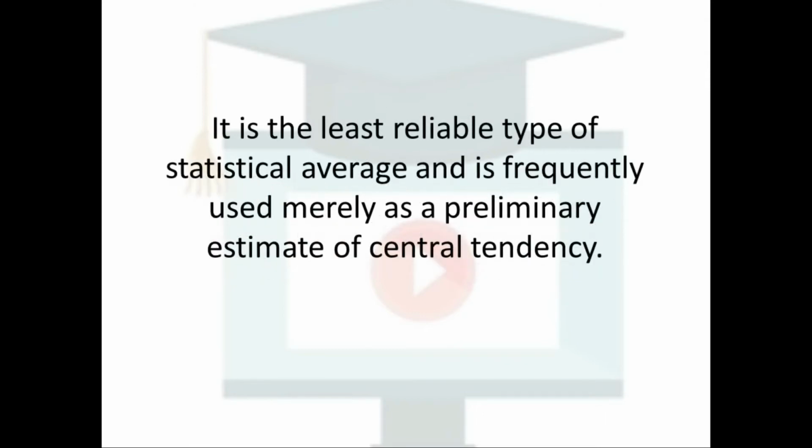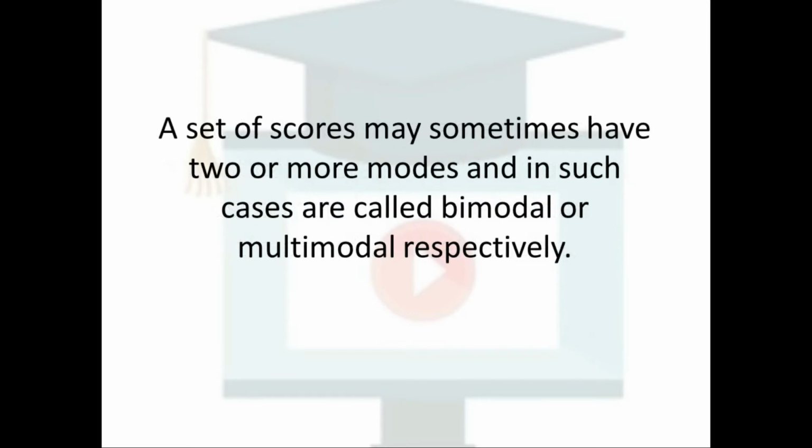It is the least reliable type of statistical average and is frequently used merely as a preliminary estimate of central tendency. A set of scores may sometimes have two or more modes, and in such cases are called bimodal or multimodal respectively.